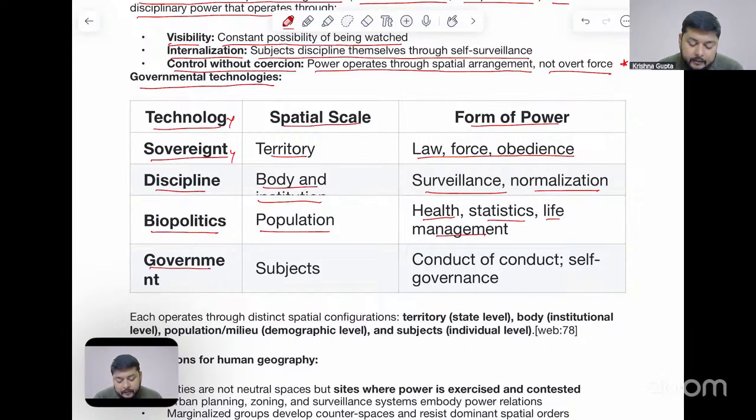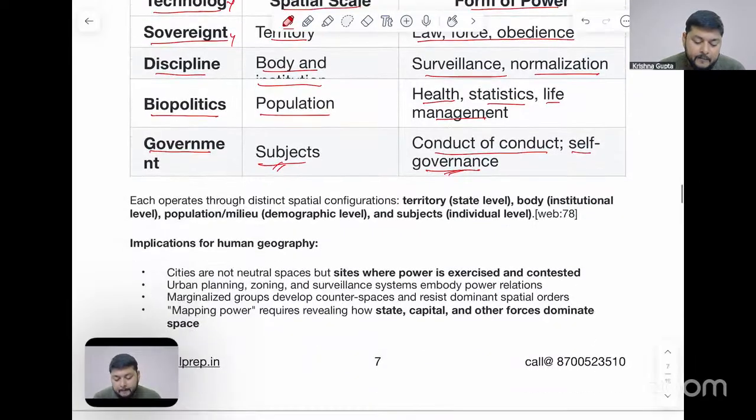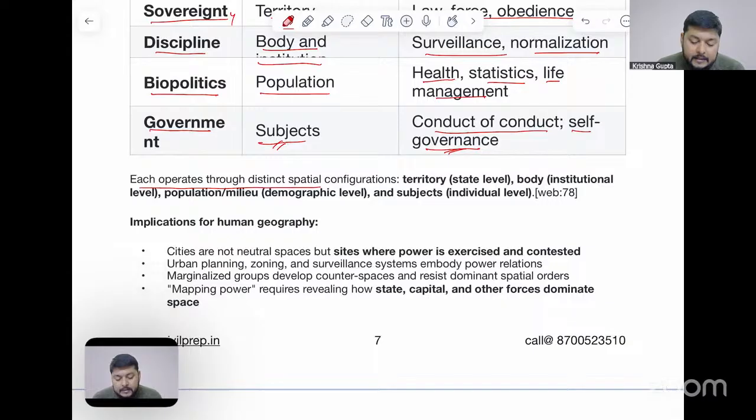Then government, subjects, conduct and self-governance are seen here as a form of power and spatial scale. Each operates through distinct spatial configurations: territory at the state level, body at the institutional level, population milieu at the demographic level, and subjects at the individual level here.